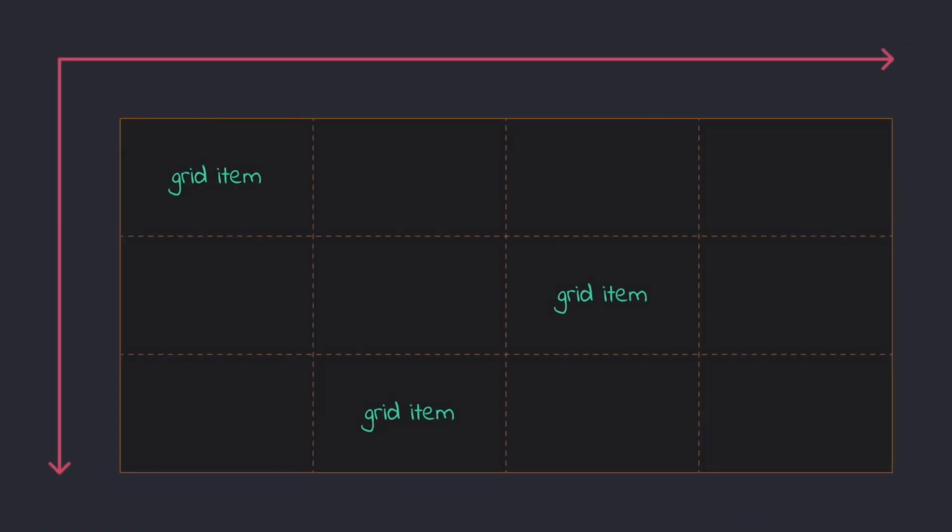Grid layout, on the other hand, is a true two-dimensional model because it lets you work on both the horizontal and the vertical axes, and you can use these to precisely place grid items into cells defined by rows and columns.